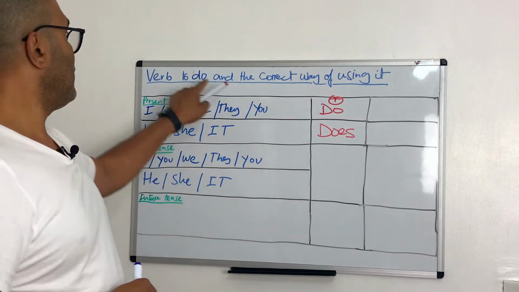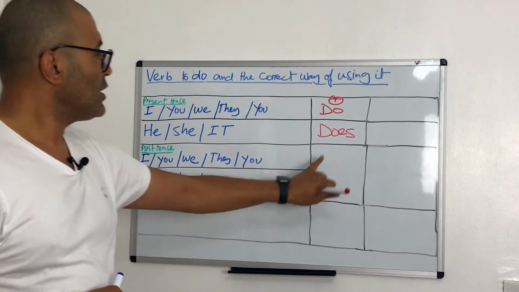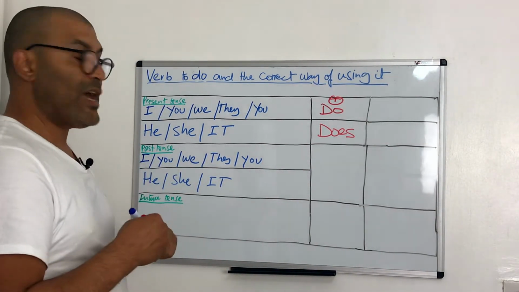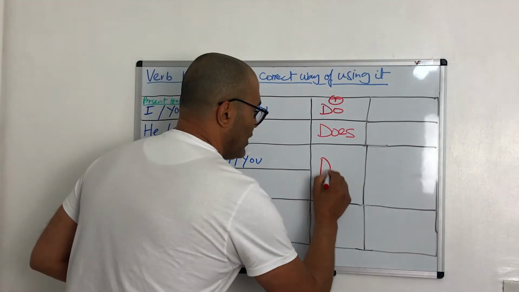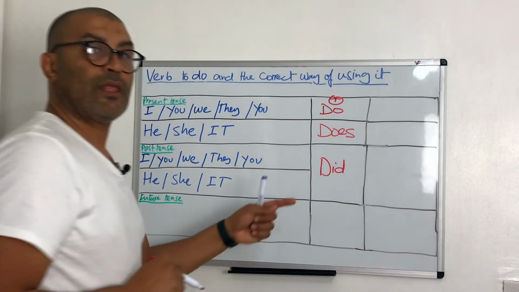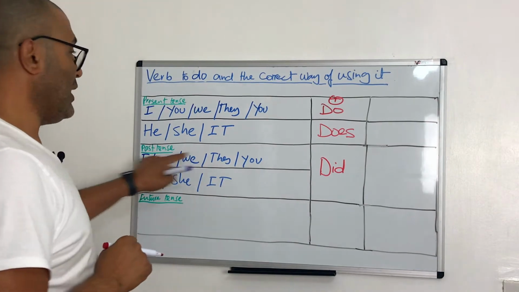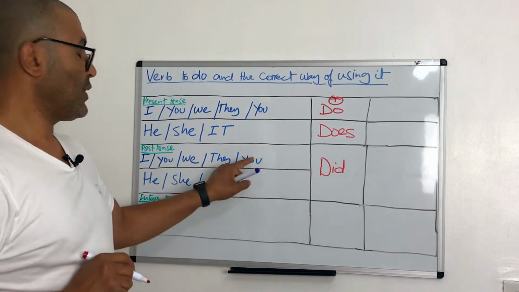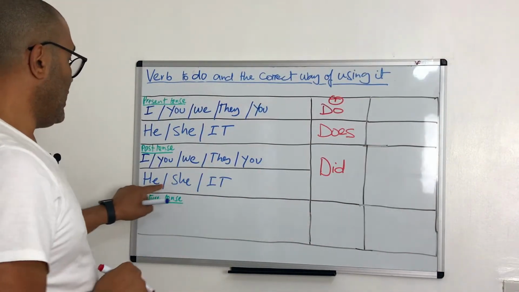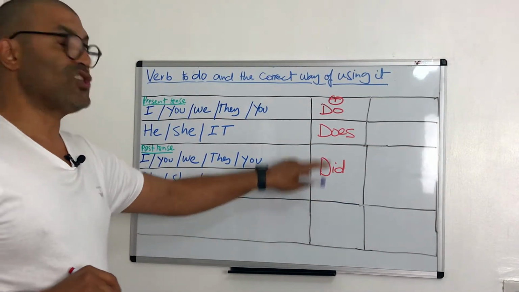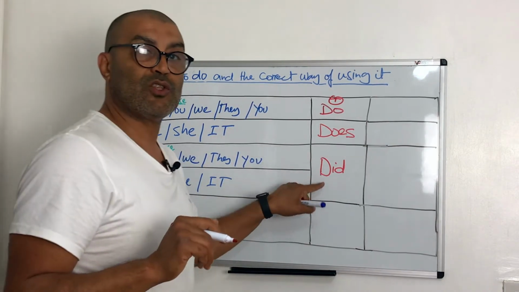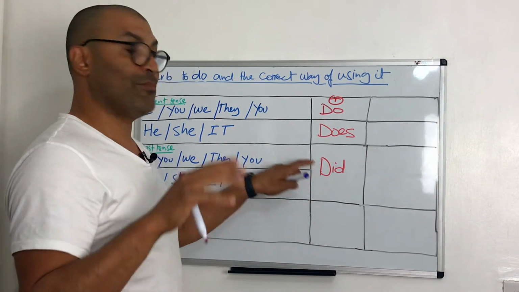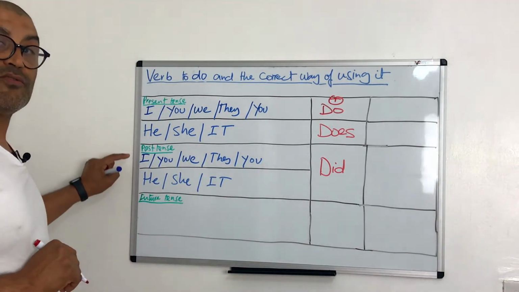When we use the verb to do in the past, the verb does not change, so they all say did. I did, you did, we did, they did, you did. He, she, it did. So it does not change. This is past tense.